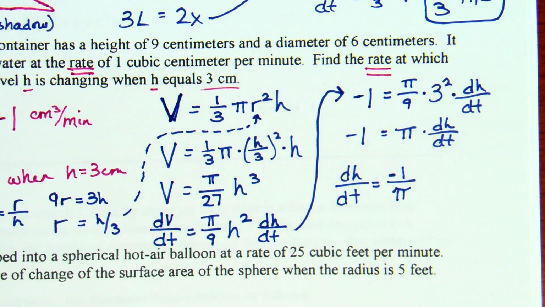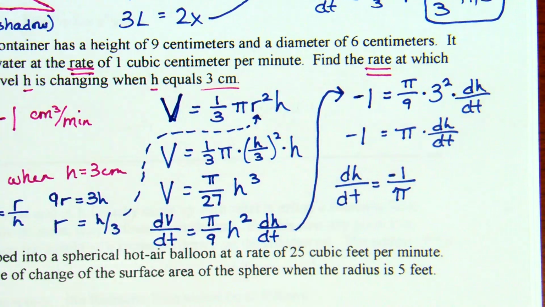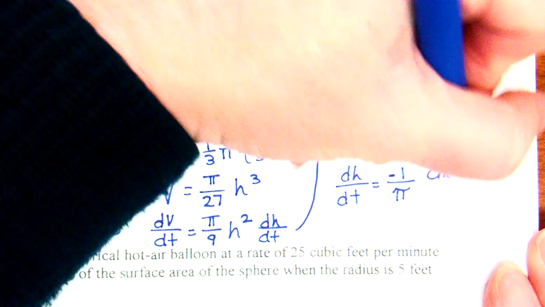And so volume is a cubic unit. And so it was dV/dt, so cubic centimeters divided by minute. Now it's dh/dt. What would the height be measured in? It would just be measured in centimeters. So this is going to be centimeters per minute.